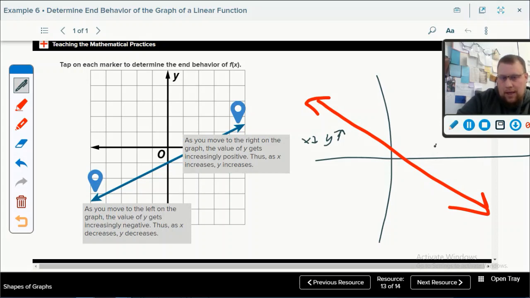And again, the opposite: as x is increasing for a negative slope, our y is decreasing. We know it's a negative slope because it's going down from left to right. Over here we have a positive slope. You didn't know that's the difference between negative and positive slope. Now you do. Awesome.